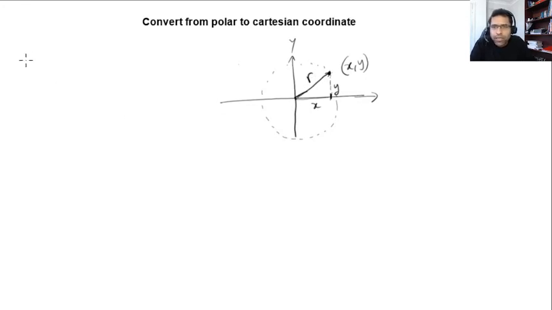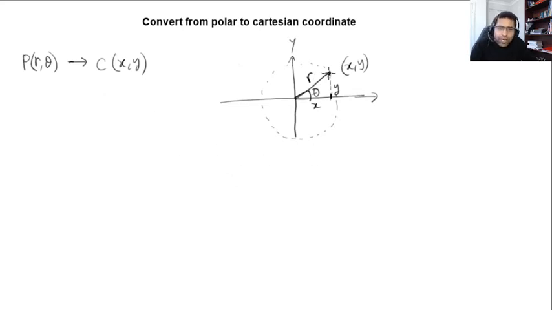So polar coordinates we represent as r, theta. r is the radius of the circle, and theta is the angle created when the point moves. Now r, theta is the polar coordinate and x, y is known as the Cartesian coordinate. So we are converting polar to Cartesian coordinates, which is x and y. It means r and theta will be given and we have to find x and y.